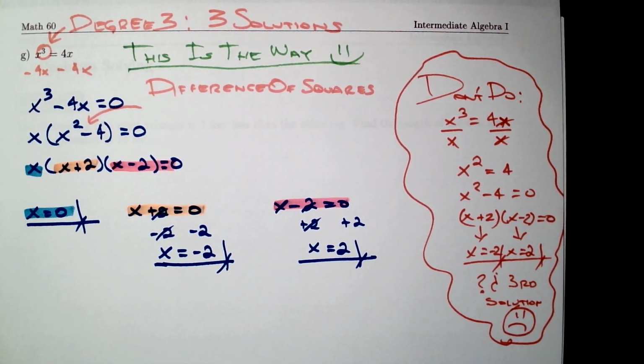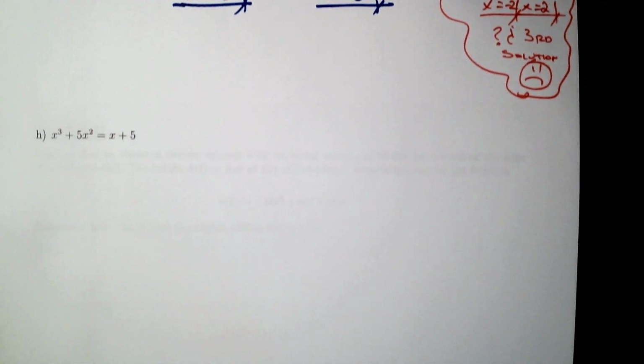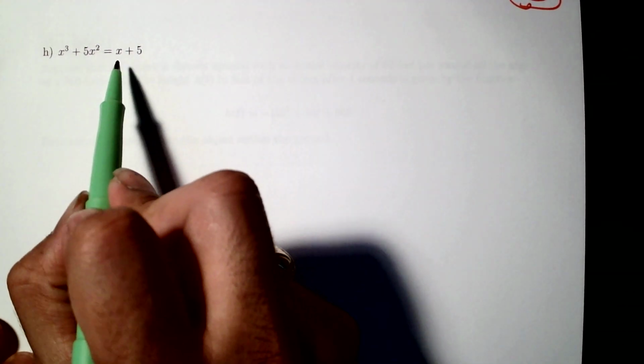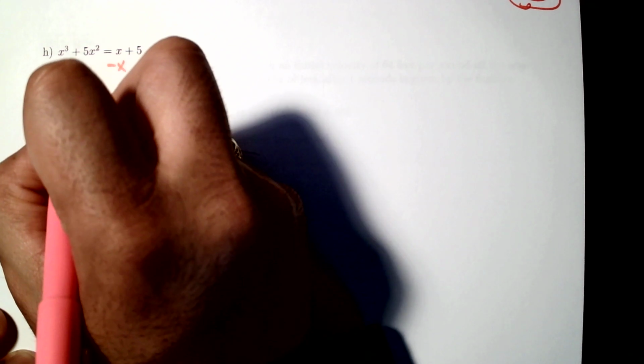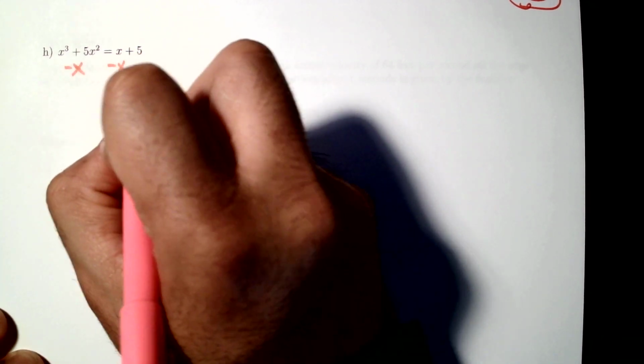All right, let's look at another example. Letter H. This is most likely the biggest one that we are going to do in this case. First step again, move everything to the left hand side by subtracting x on both sides and by subtracting 5 on both sides.